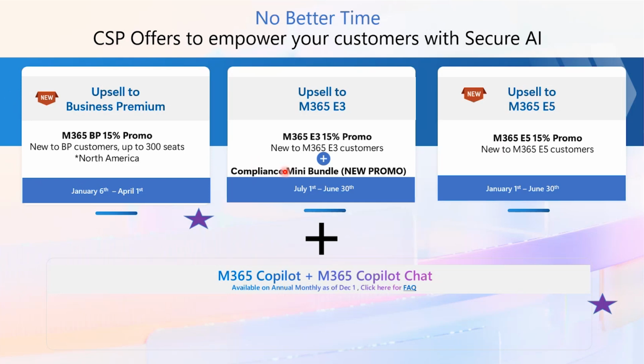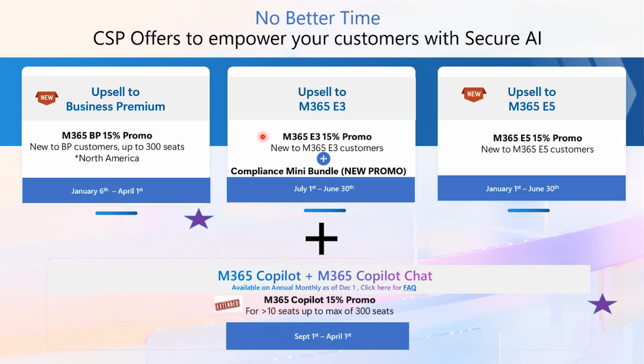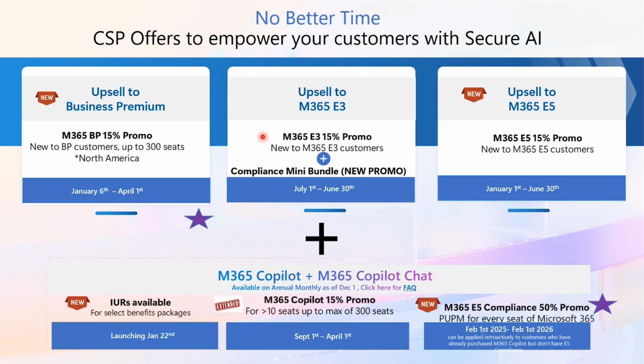But now there's a new one as well that came out a few weeks ago, and it's an E5 compliance promo, which we can actually add to a Microsoft 365 E3. So that's another great promo for those customers who want to add more security to their tenants. And as well, we can do Microsoft 365 E5 compliance.